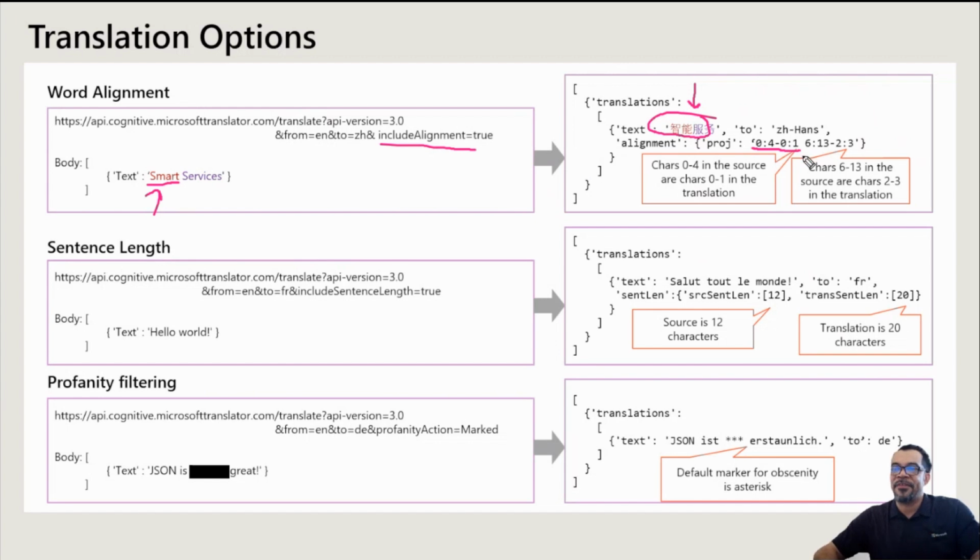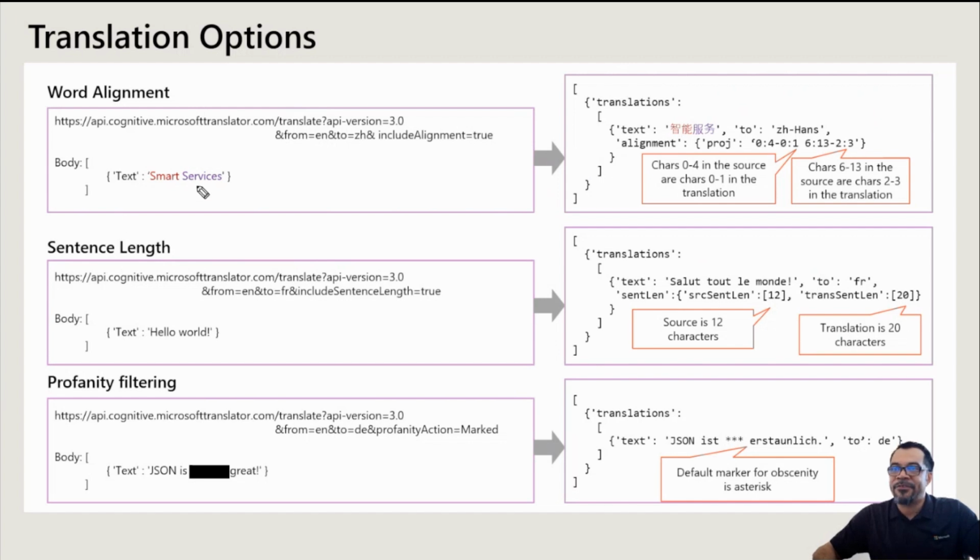What this is saying is that the first 5 digits, 0, 1, 2, 3, and 4, of the text, which we have as "smart," are converted to the first 2 digits in the translation. So what this means in this example is that "smart," which is 5 characters, is represented by these two symbols here, in this case in the Japanese language.